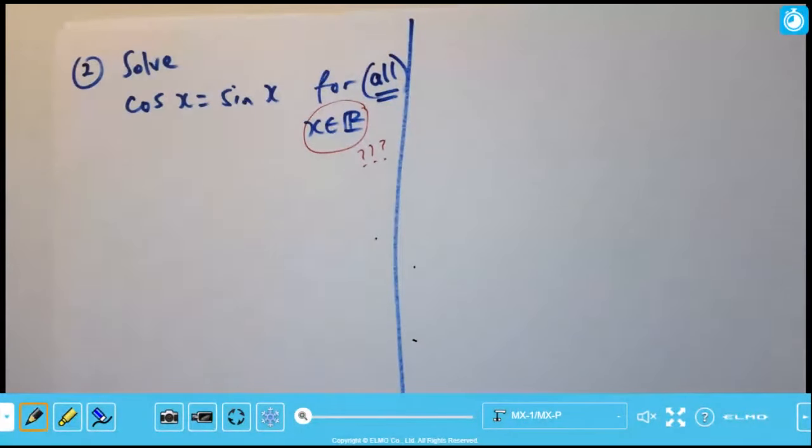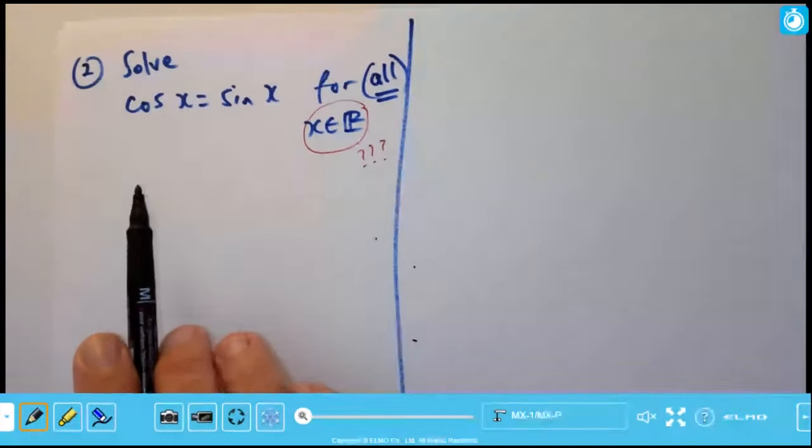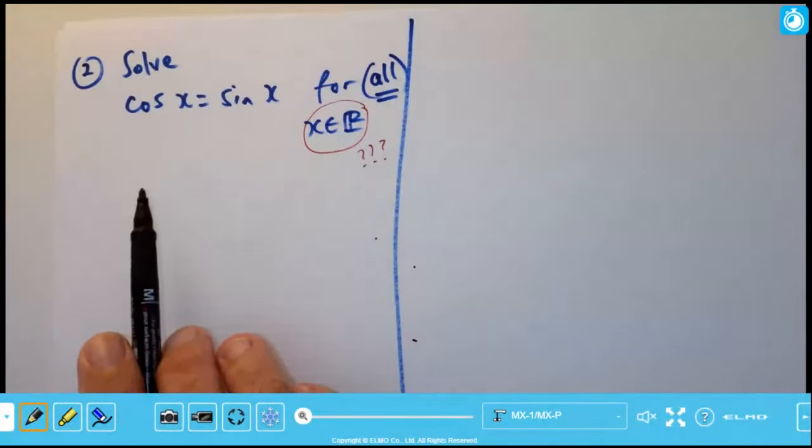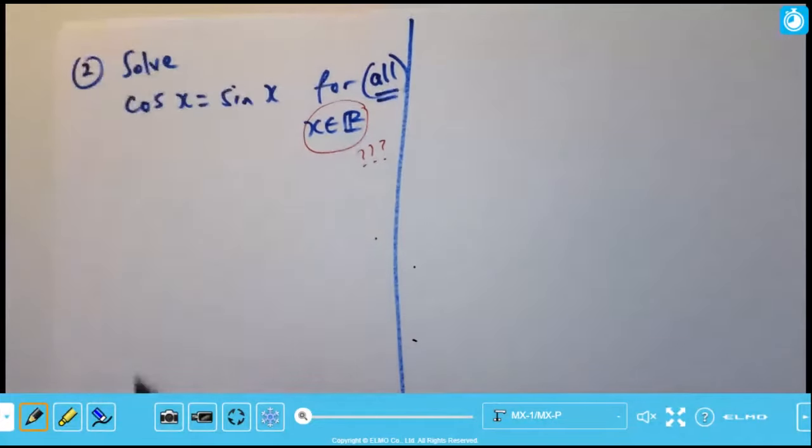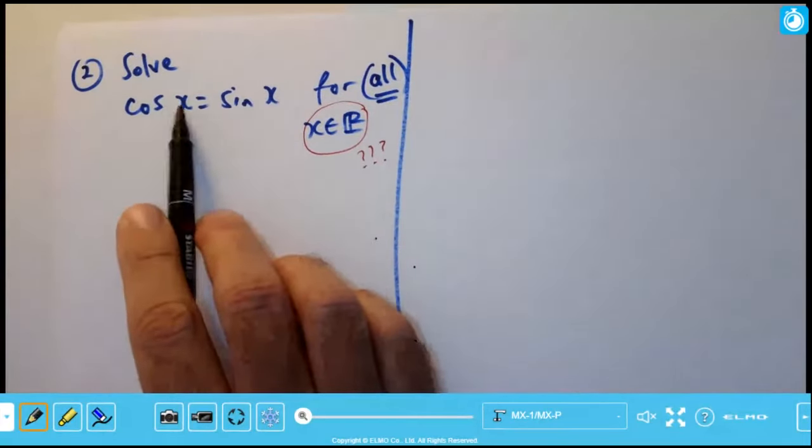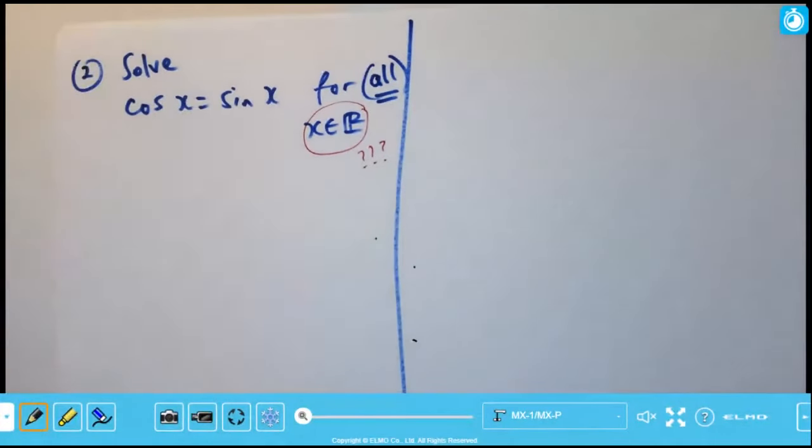Okay, so Marley's come up with a suggestion, 45 degrees. Usually in calculus, we use radians, but you're right. So Marley and Zia, is that all the solutions though? Because you're right, if we put in pi on 4 there and pi on 4 there, we get 1 on root 2 on both sides, right?